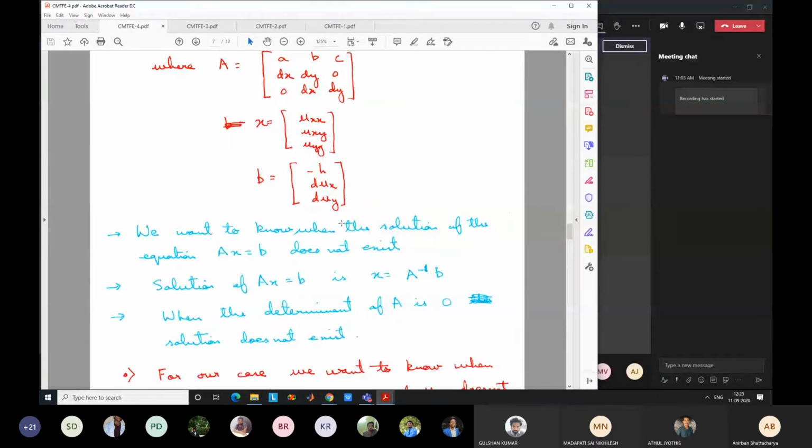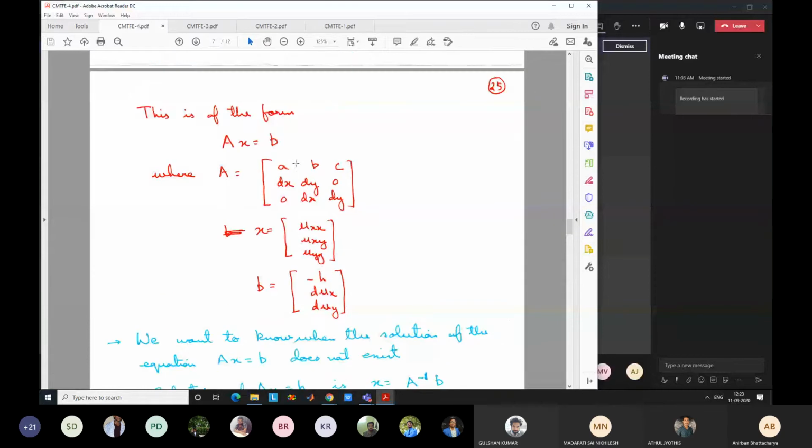So this occurs, as you have rightly pointed out, when we cannot solve this form of the equation x equal to A inverse B. This we cannot solve when the determinant of A is 0. Mathematically, if the determinant of A is 0, the solution does not exist.